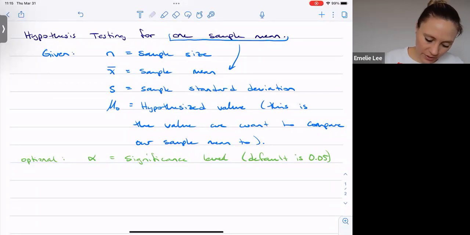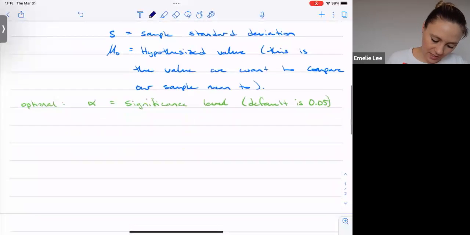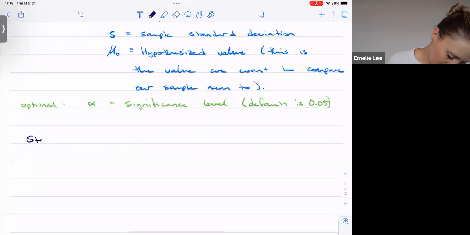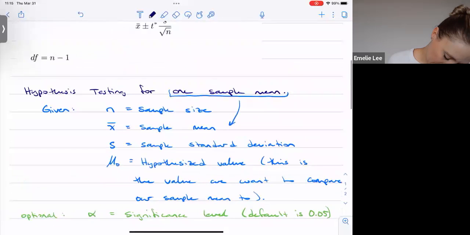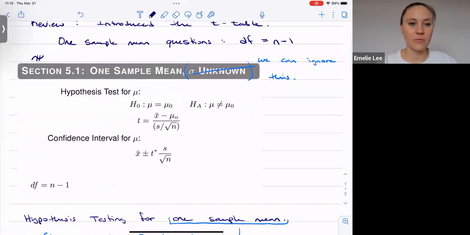So step 1 is to state the hypotheses. And just like we saw on this snippet from the formula sheet, our null hypothesis is that the mean is equal to this hypothesized value, right?